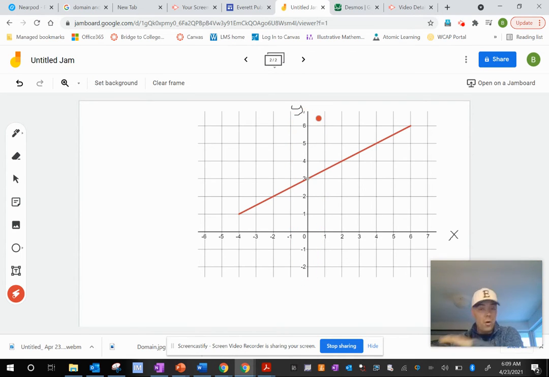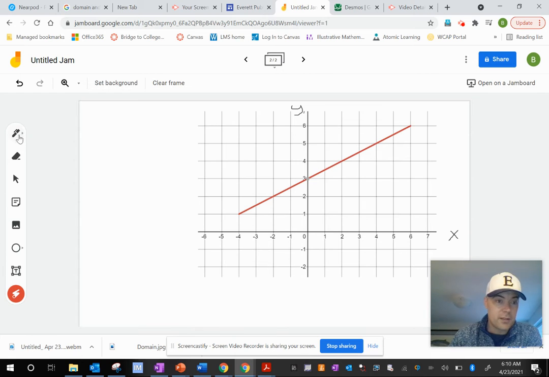Now, if we were talking about all the y values on this graph and not just our function, on this actual plane, we would say negative infinity to positive infinity, right? Because these numbers go on and on and on forever, both ways like this. However, not all those numbers are on our actual line right here, okay? So we're just talking about the vertical values that lie on our line, okay?